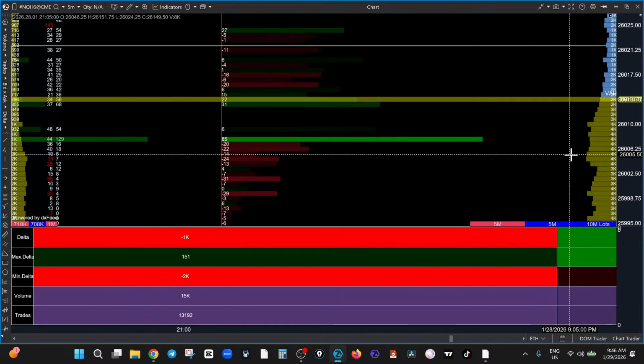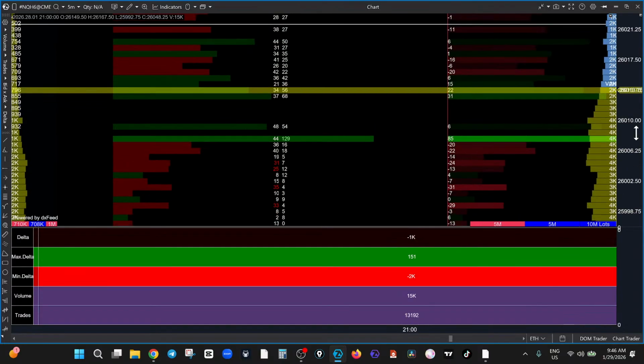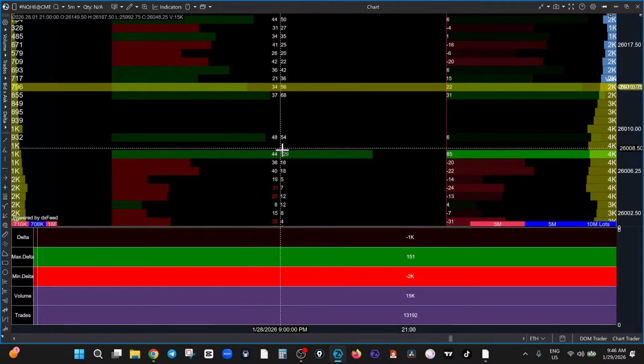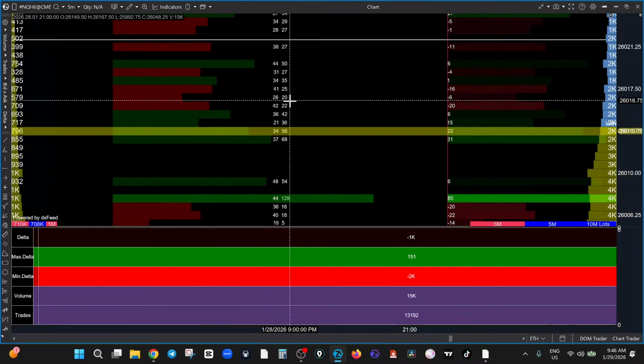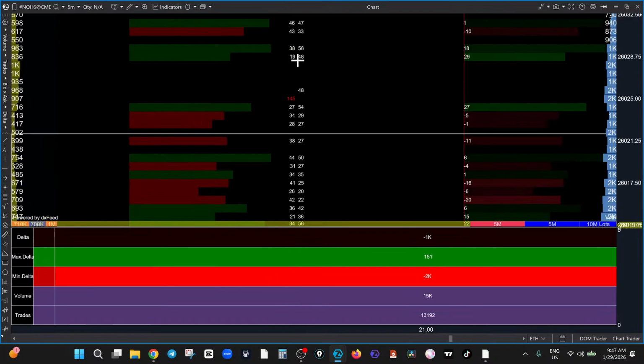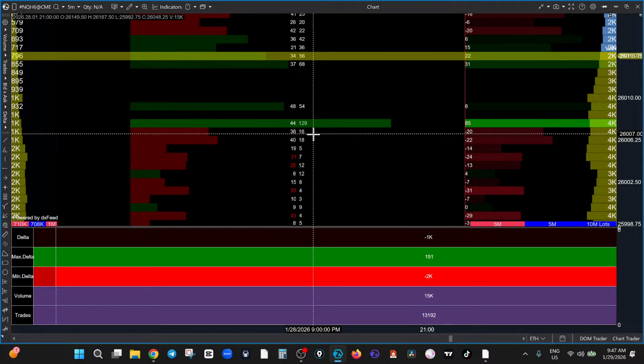Now, if we zoom here, look at the buy in here. 120. Did you see any value bigger than that here? That is a clue. That's a clue for you that at this place here, a lot of people started buying.